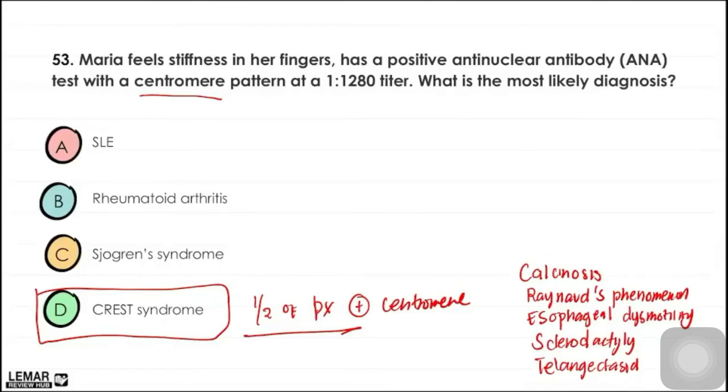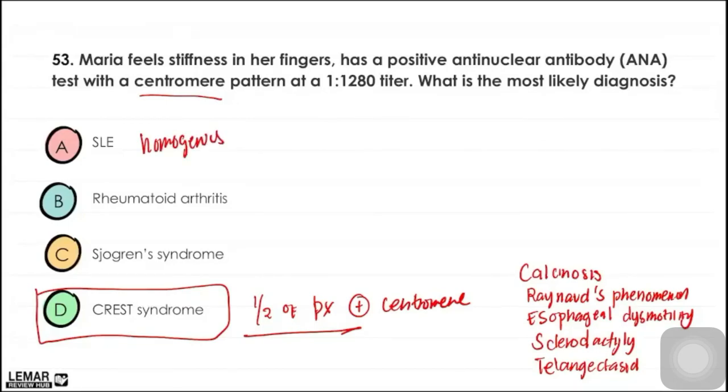For systemic lupus erythematosus, what is the usual pattern? If anti-dsDNA is present, we have the homogeneous pattern.